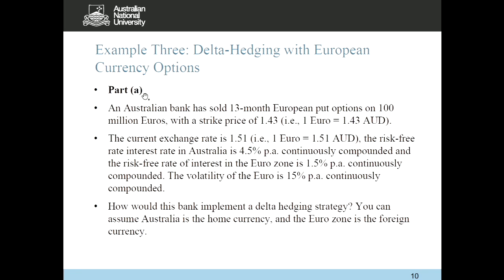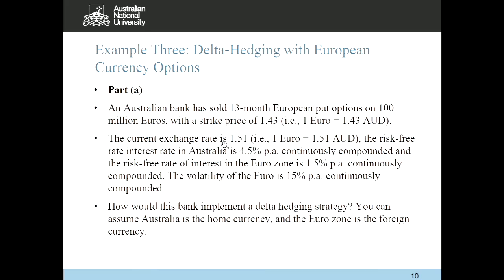The question says, an Australian bank has sold 13-month European put options on 100 million euros with a strike price of 1.43. So that's you're spending 1.43 Aussie dollars to buy 1 unit of euro.